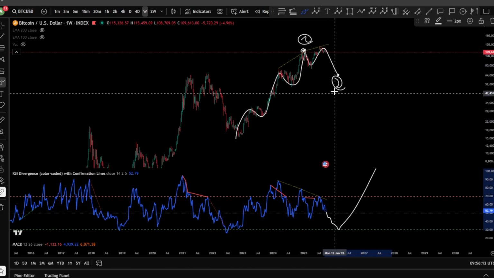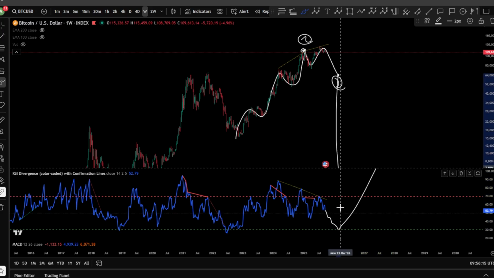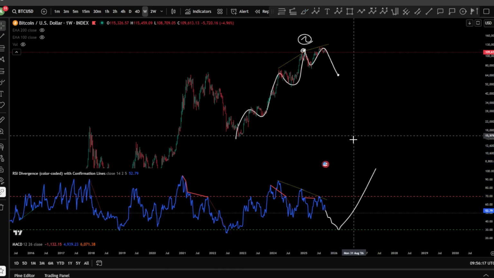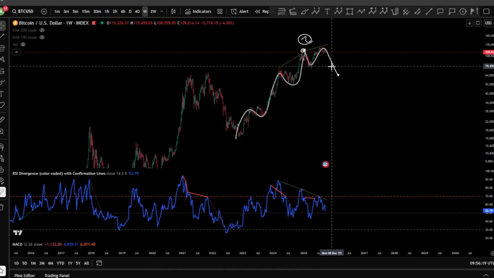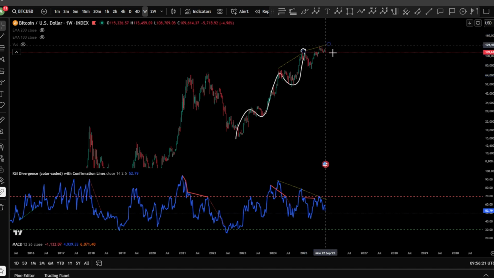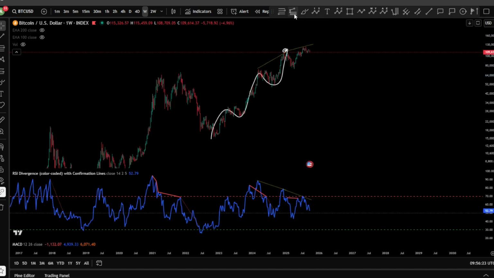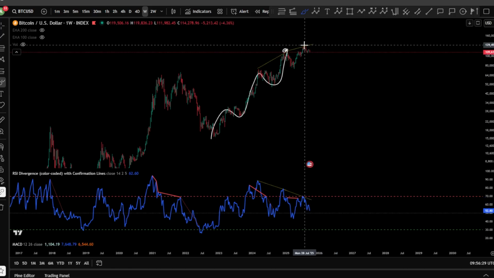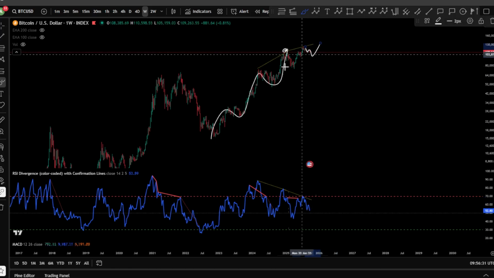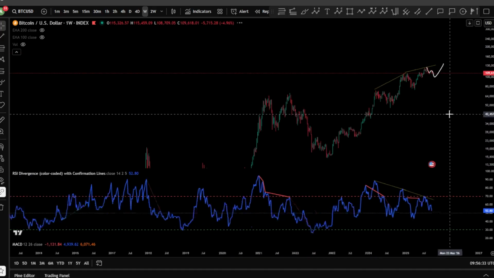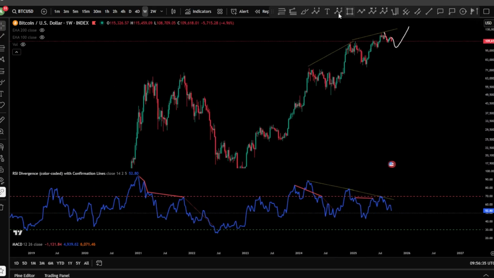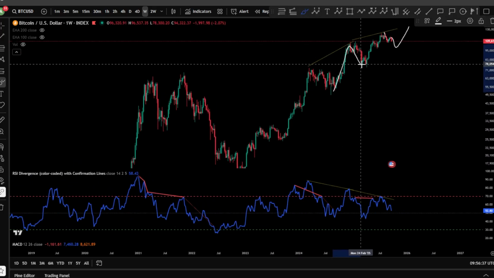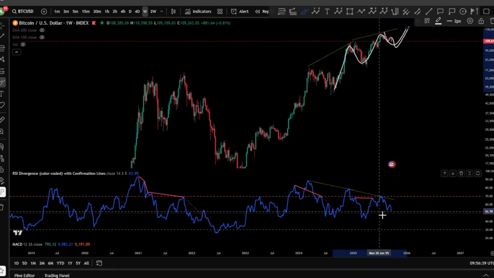This might be in confluence with this area where we can see a new low on the RSI, probably in case we don't see a reversal from the midline. Because this might be a support area here on the midline and then start to move toward the upside, and that means the ABC here as the scenario we mentioned as bullish, finishing as an ending diagonal 1, 2, 3, 4, 5.